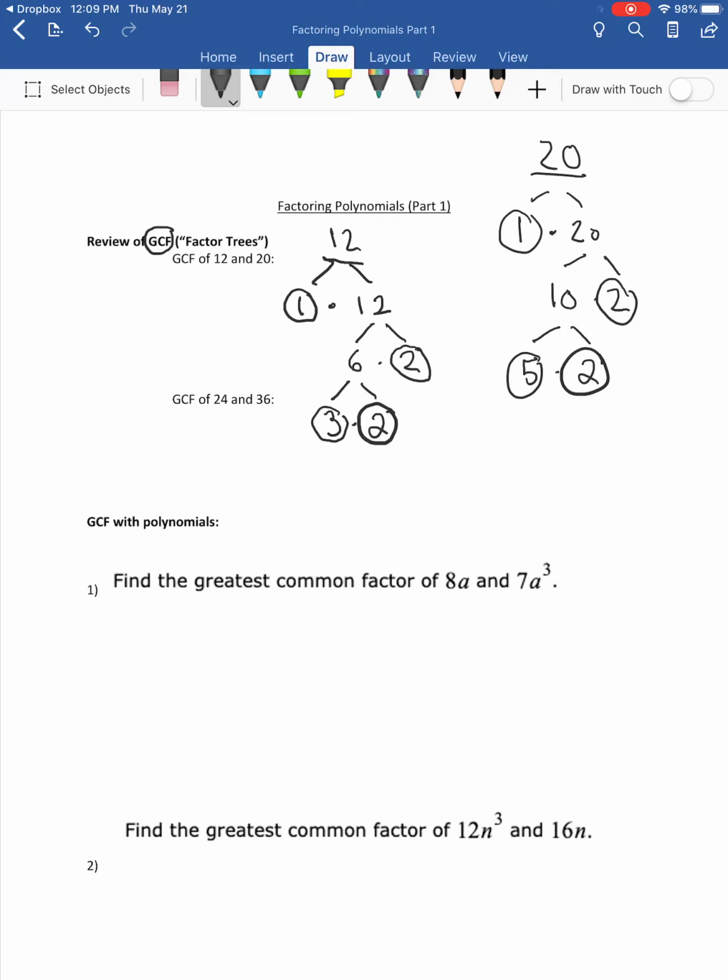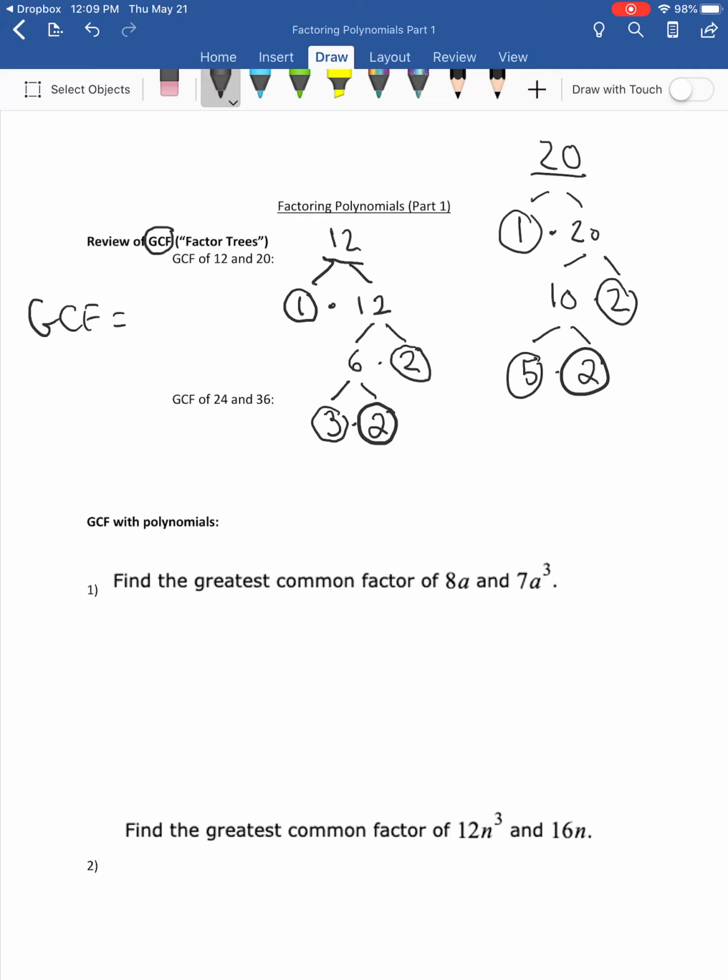Now, to find the GCF, we're looking for what they have in common in terms of what we circled. Okay, they both have a 1 in common, but we're not going to count the 1. Okay, 1 we ignore. Okay, the 12 has a 3. The 20 does not, so we'll ignore that 3. The 20 has a 5, but the 12 does not. We'll ignore that 5.